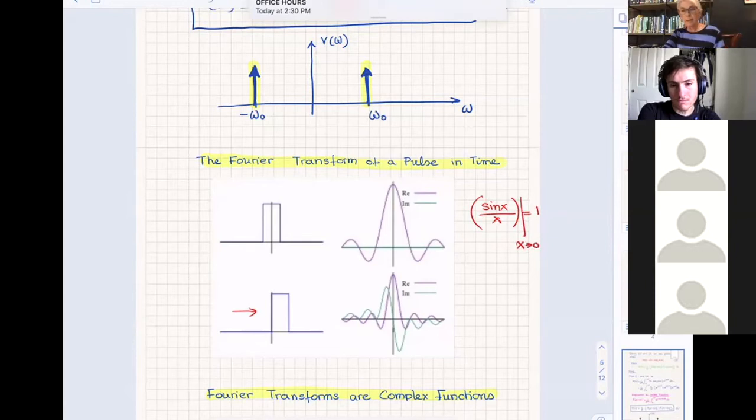So if your pulse starts at t equals 0, then the two functions are going to be different. Of course, they're not going to be both a sinc function, but they're going to have a real part that looks like a sinc function and an imaginary part that looks similar but flipped over the center. So it's 0 at the center.